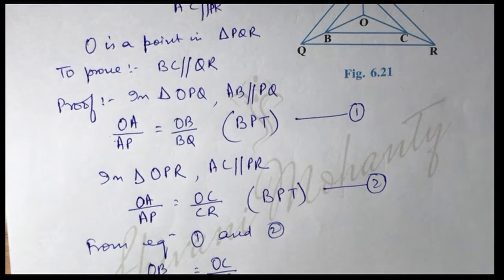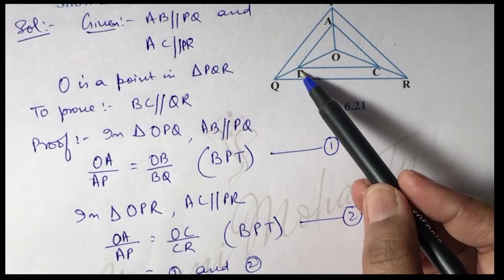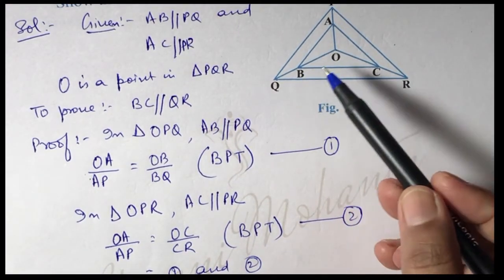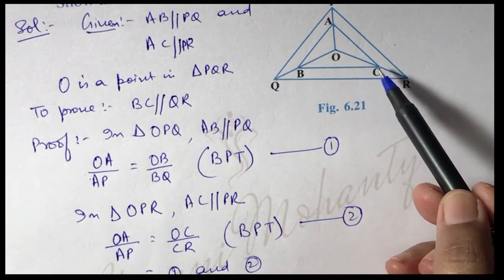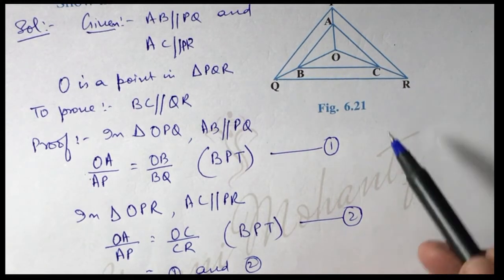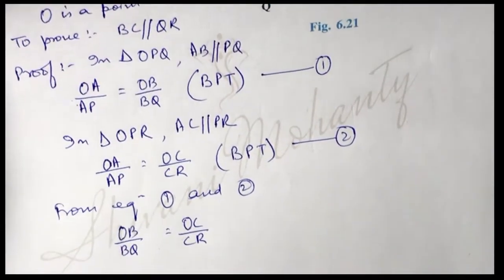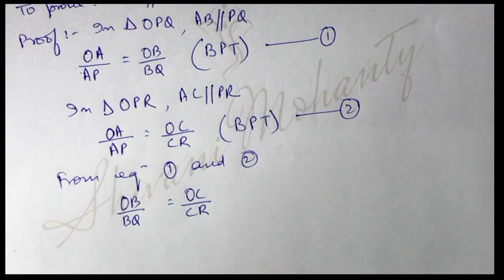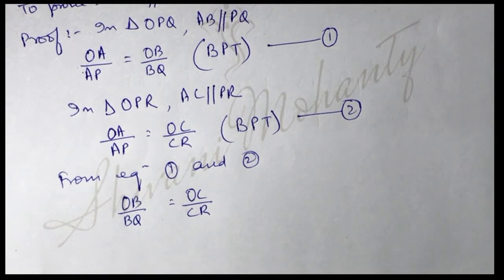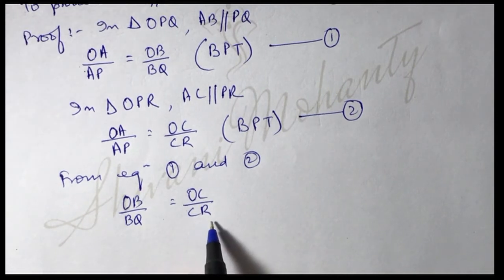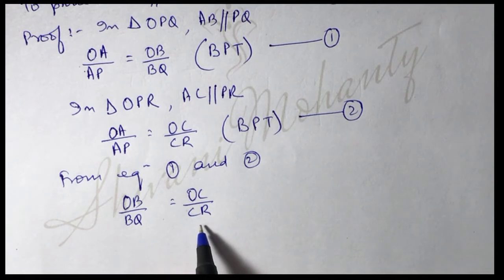If that is the case, what can you say about the conclusion? You can say that if OB by BQ is equal to OC by CR, then definitely BC is parallel to QR.